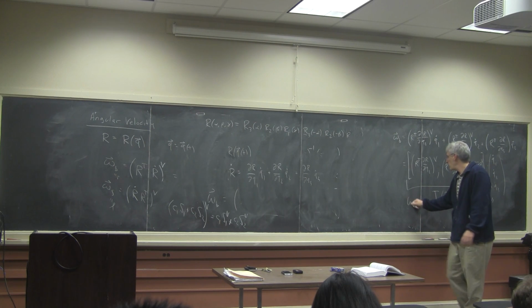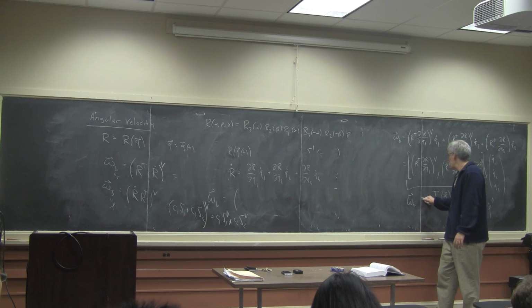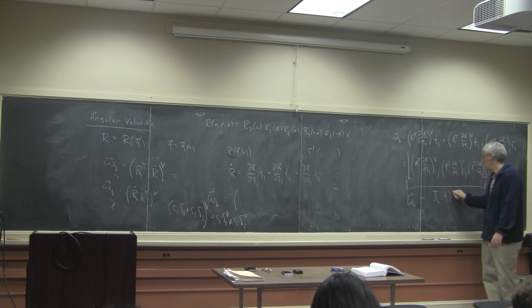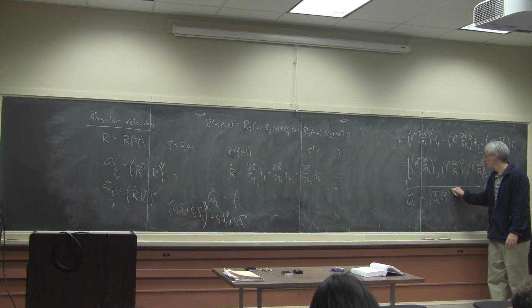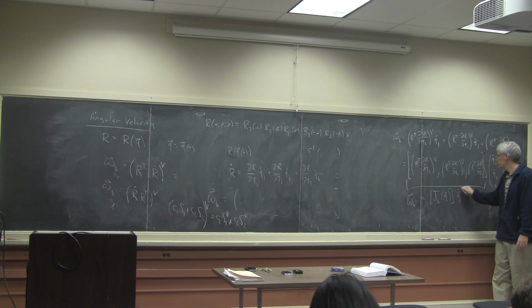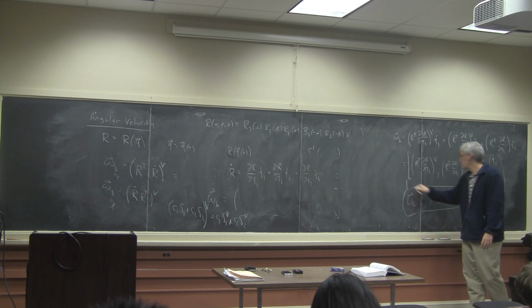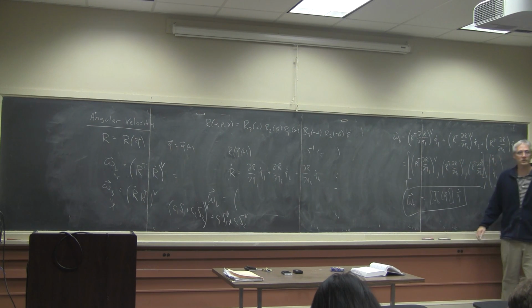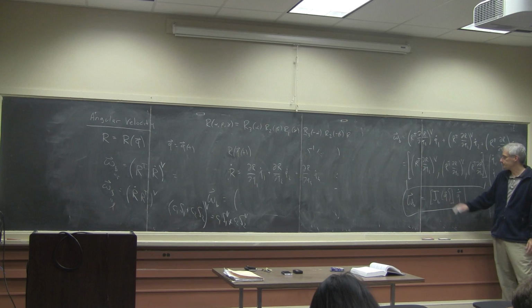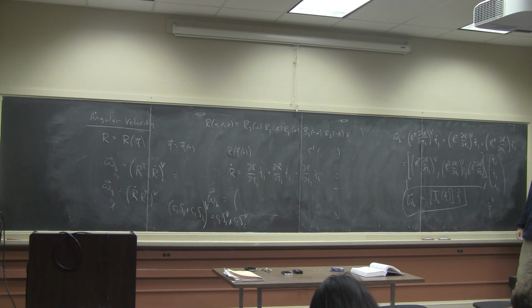So we have omega b equals JB of Q times Q dot. And an analogous expression holds for the case of space fixed rather than body fixed.